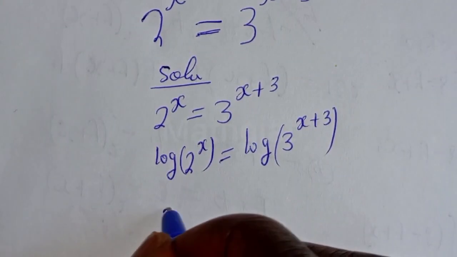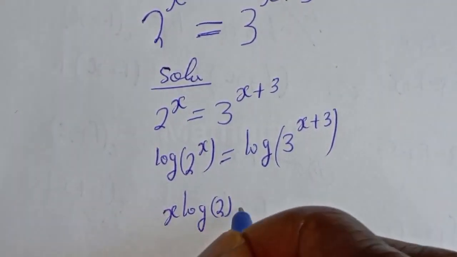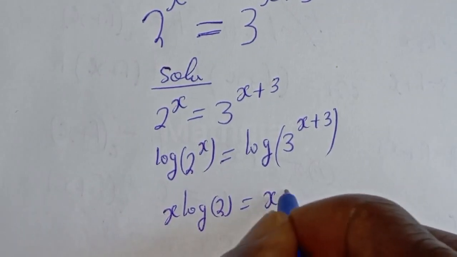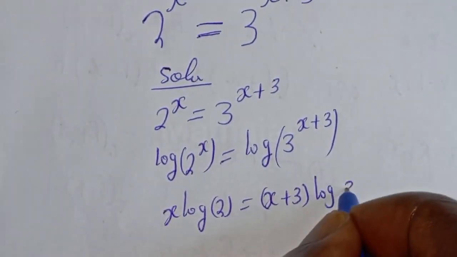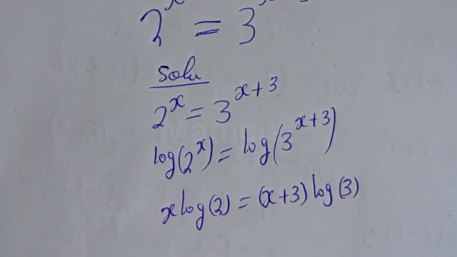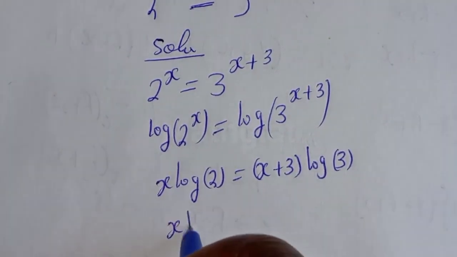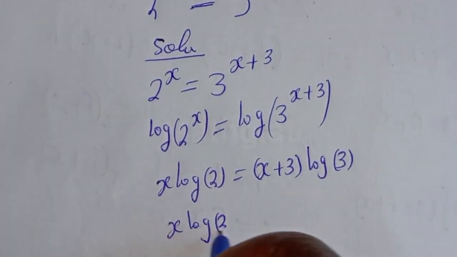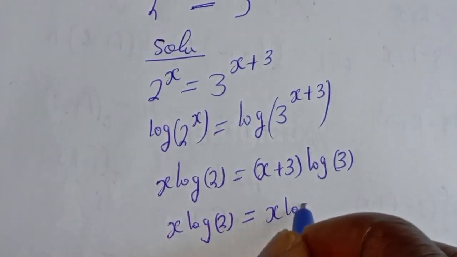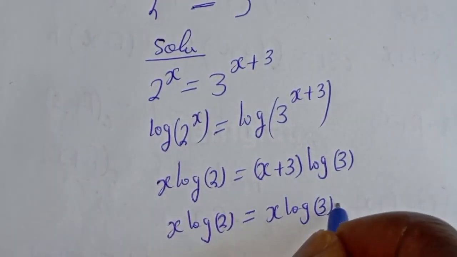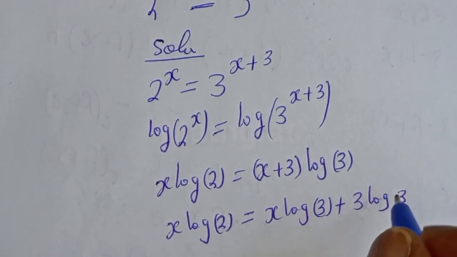Then this is s log 2 is equal to s plus 3 log 3. S log 2 is equal to, let's open this bracket, s log 3 plus 3 log 3.